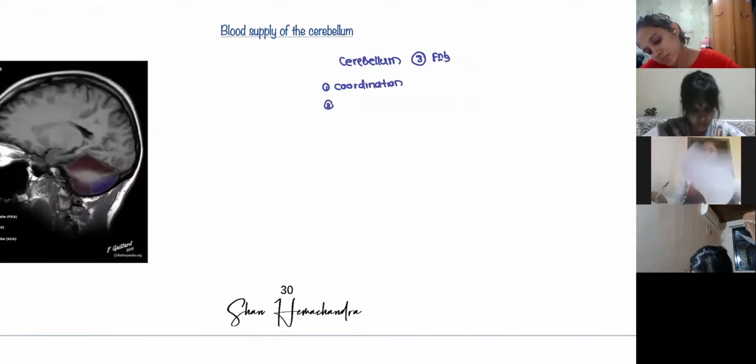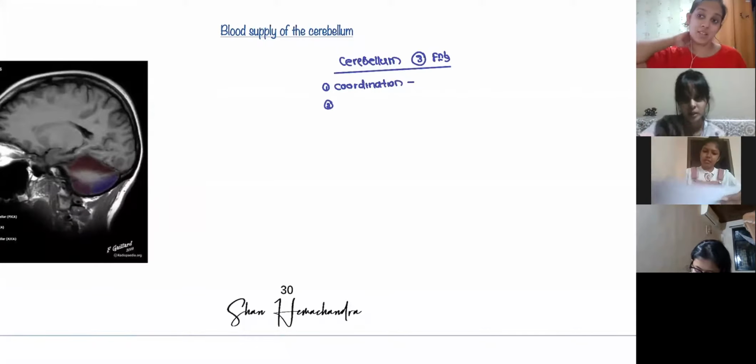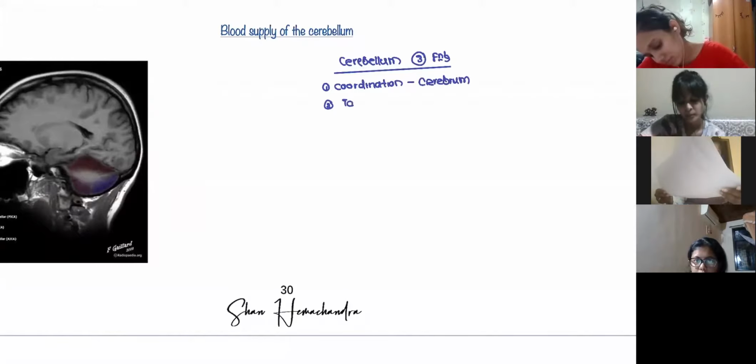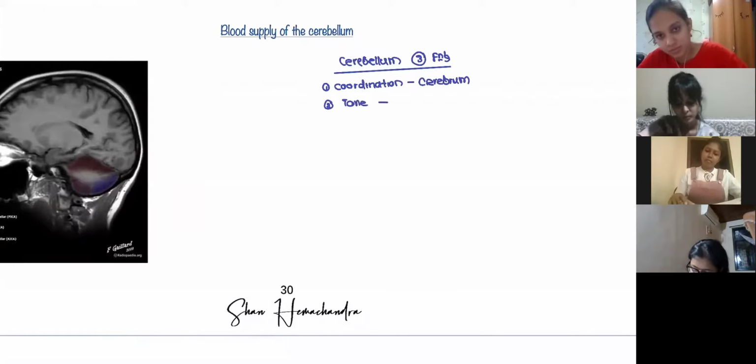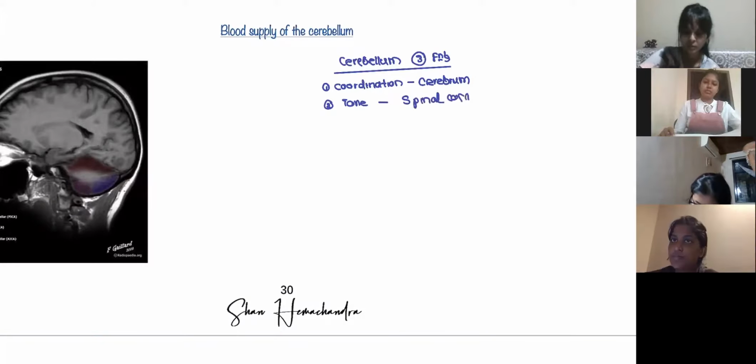The second function is coordination. What is the organ which it involves with it? Cerebrum. Yes, cerebrum. The next function is tone. What is the organ that involves in tone? Yes, spinal cord. And the third one is balance.